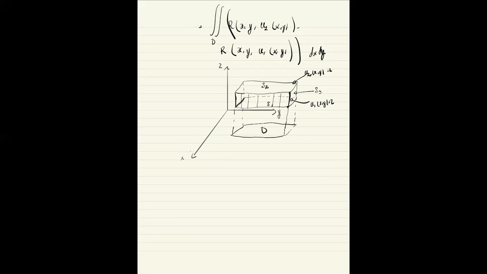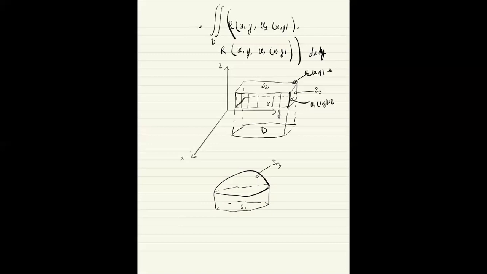This side, S3, might not exist. For example, a sphere doesn't have this kind of S3; it's collapsed. But it can happen, for example with a cylinder. So this is S3, the bottom is S1, and the top is S2.